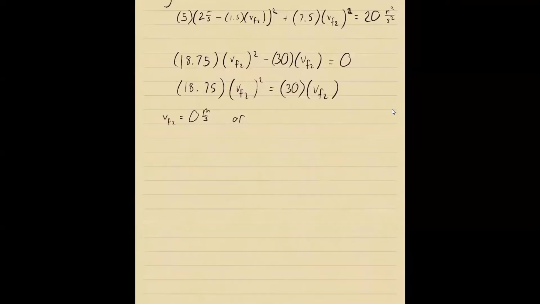So it's either that, or you'll notice that if I divide this equation right here by the final velocity, then this thing here gets canceled by one of these, and then I can divide both sides by 18.75.